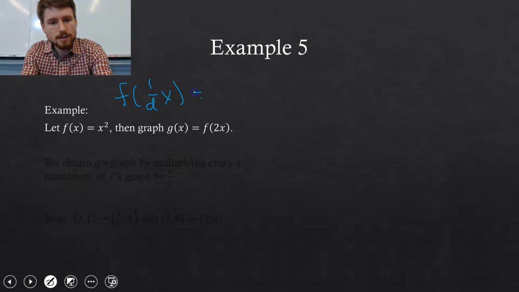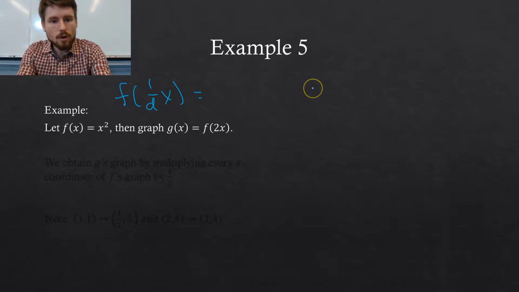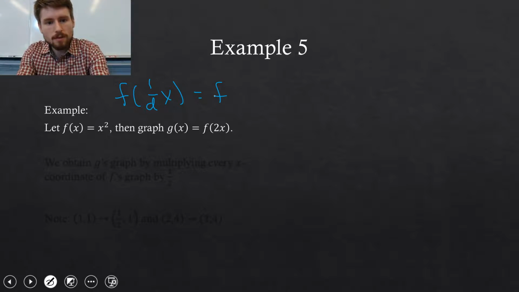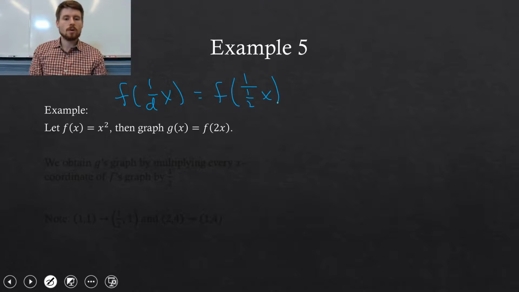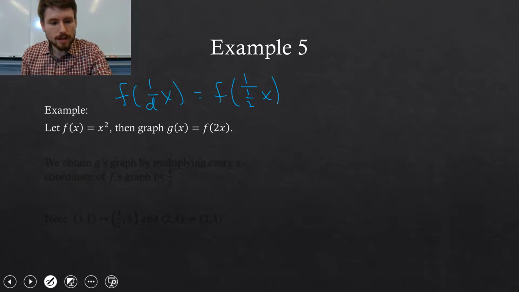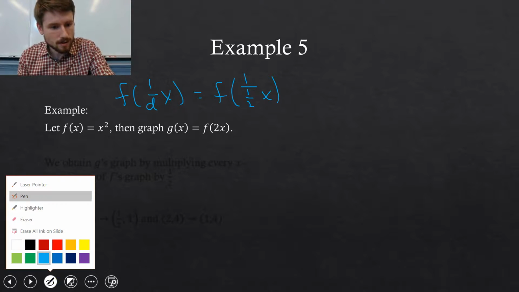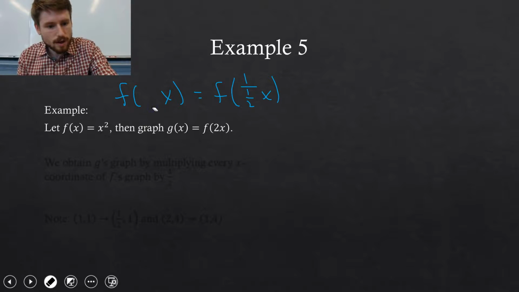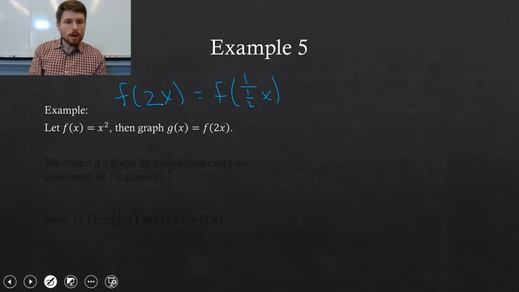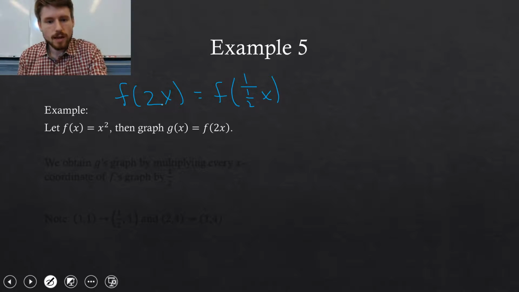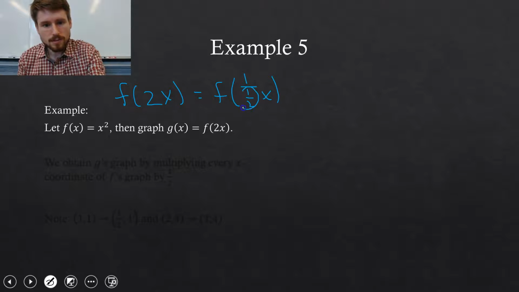But let's go ahead and turn it into that. So f of 2x is actually f of 1 over 1/2 x. All right, and so that's our d. That's the value of d right here.